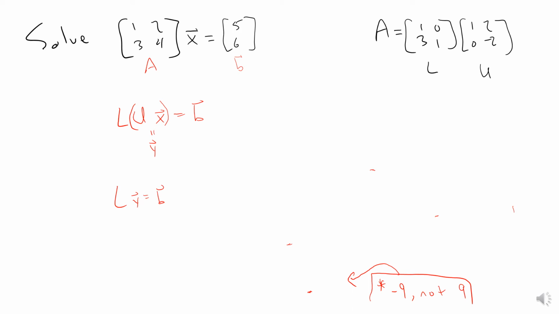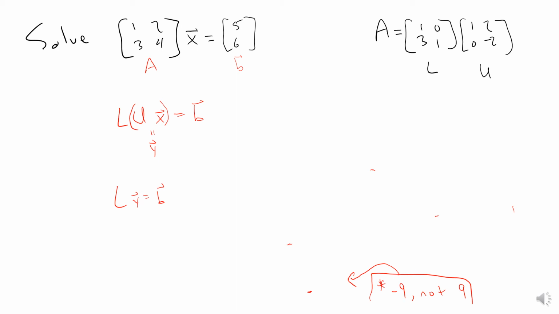Now, what we've done is we've taken our system of equations that we originally were trying to solve, Ax equals b, and we essentially turned it into an easier system of equations here, because Ly equals b. This will be easy to solve because L, remember, is lower triangular. Whenever you're dealing with a triangular matrix, some of your process for solving the system can be shortened.